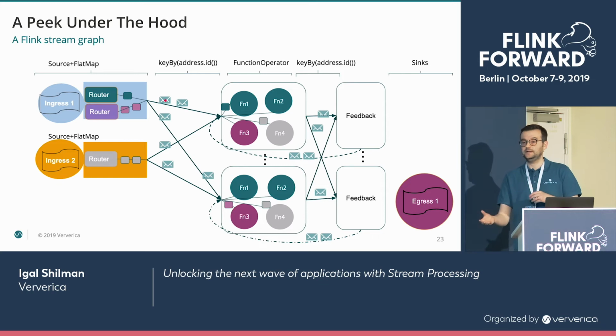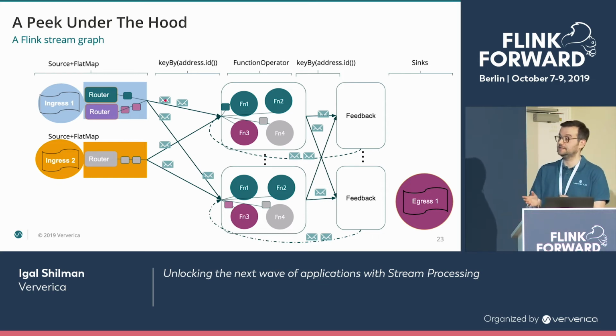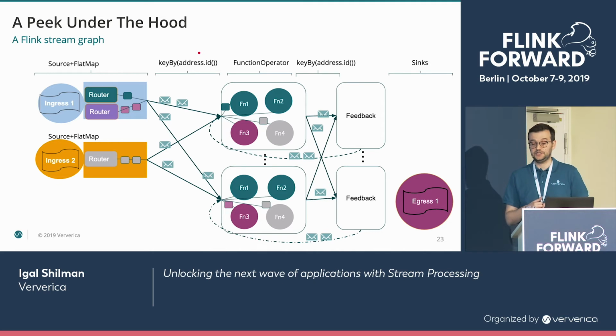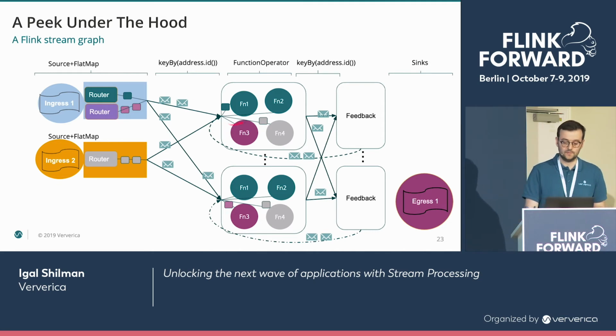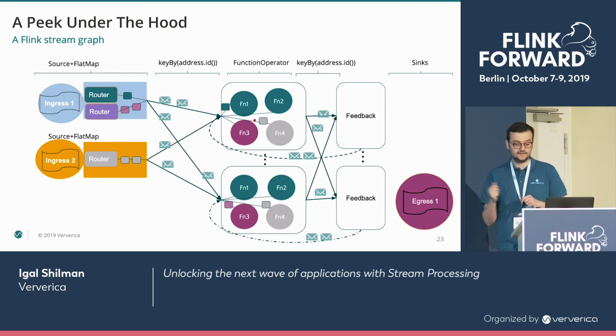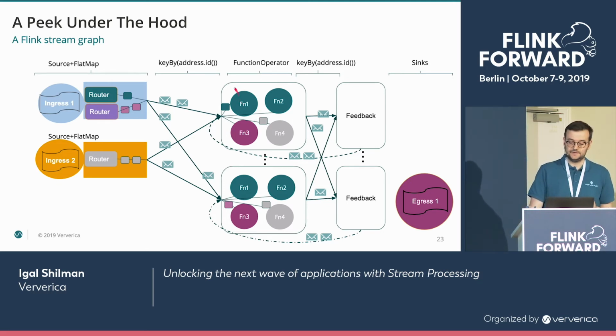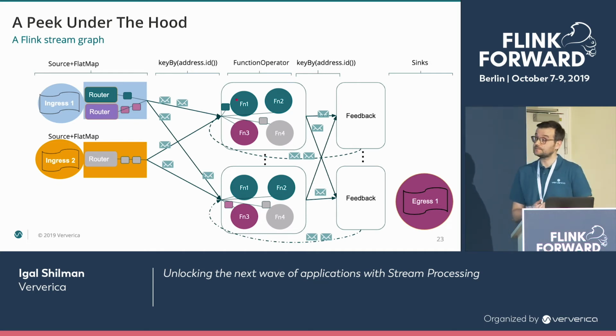The user payload and the address are all serialized and set on this envelope. Then we key by, that is partition by, the destination address. So messages directed to a specific stateful function instance land on a specific function operator instance.